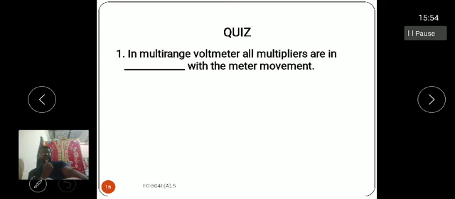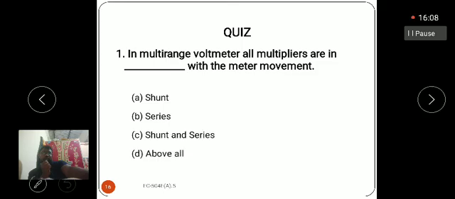And also here we have a few questions related to the DC voltmeter. In a multi-range voltmeter, all multipliers are in dash with the meter movement: shunt, series, shunt and series, all the above.